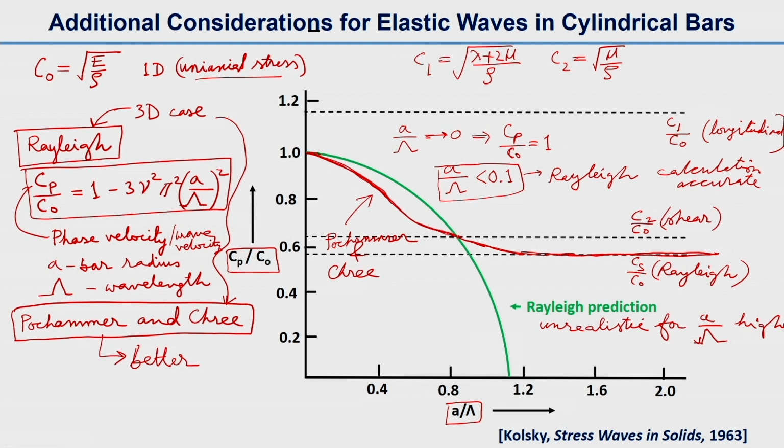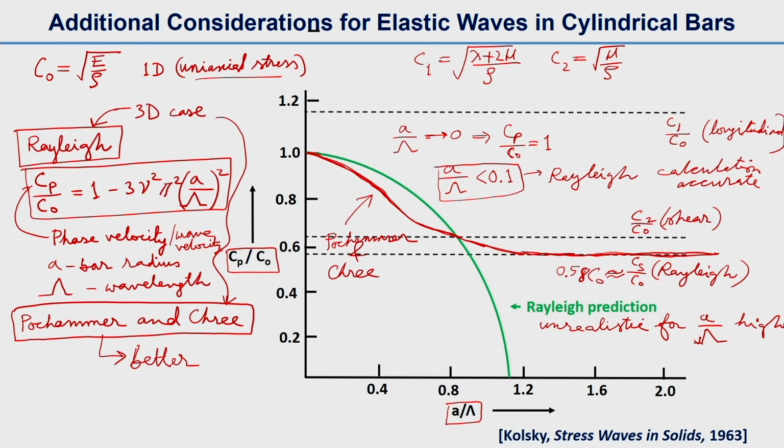You can see that at higher values of A by lambda, this curve approaches the Rayleigh wave velocity, which is almost 0.58 times C naught.